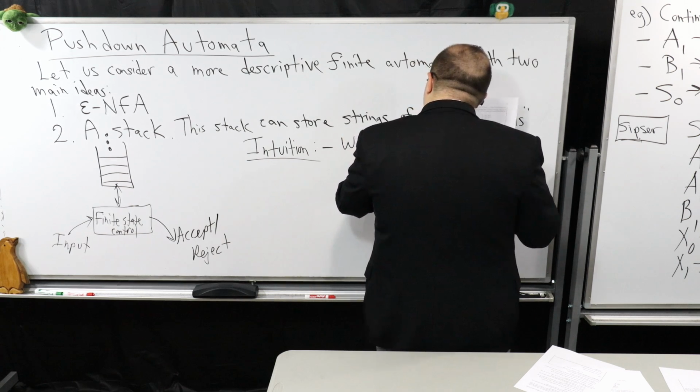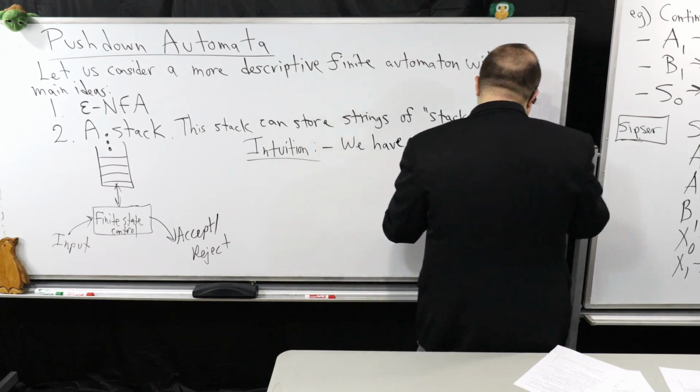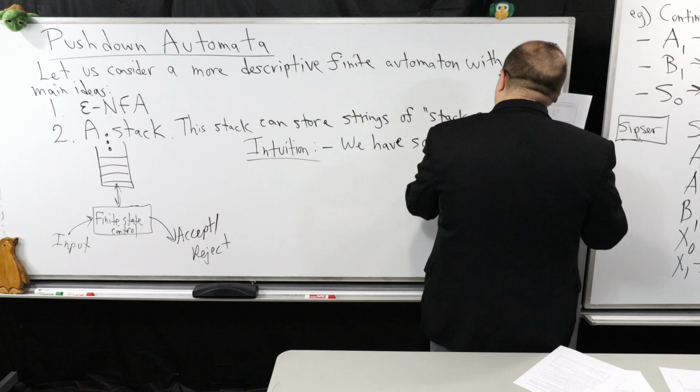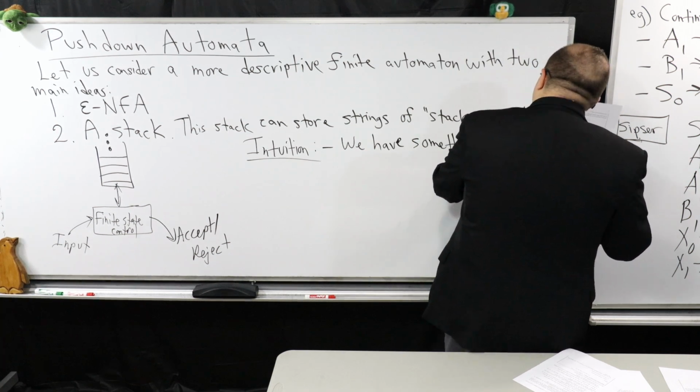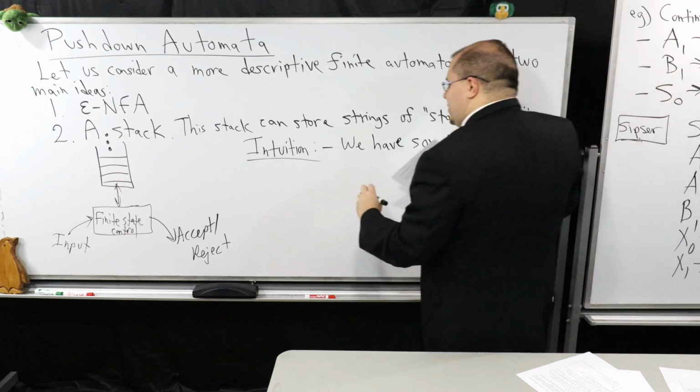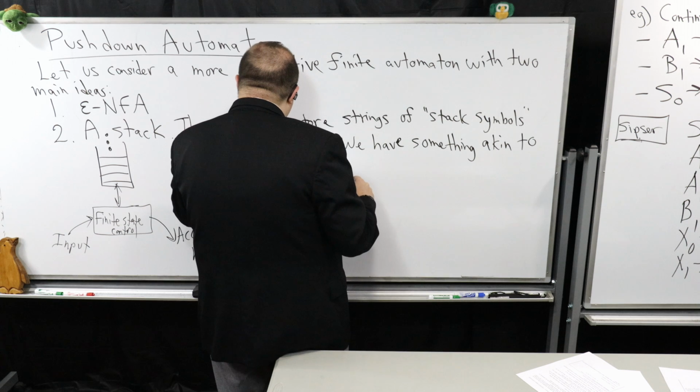I'm going to tell you that we have something akin, meaning kind of like, or similar, to a finite state control.